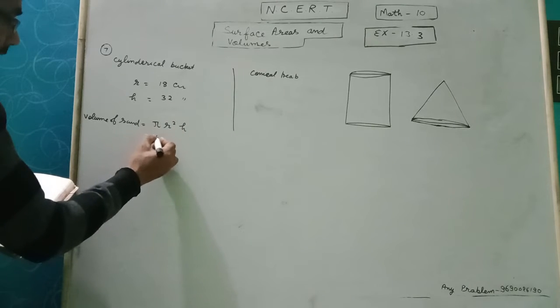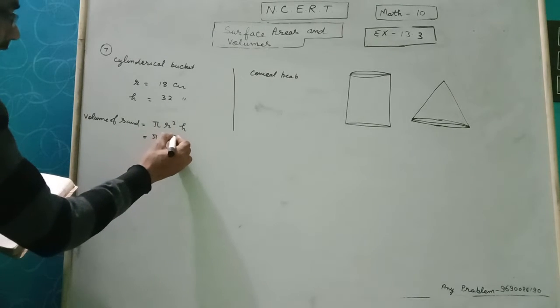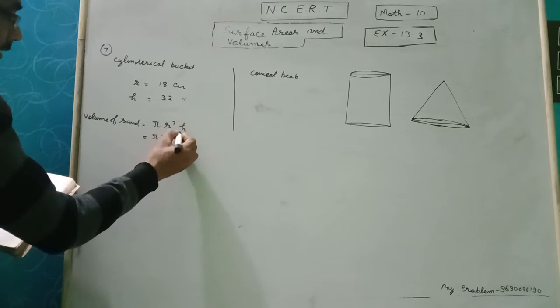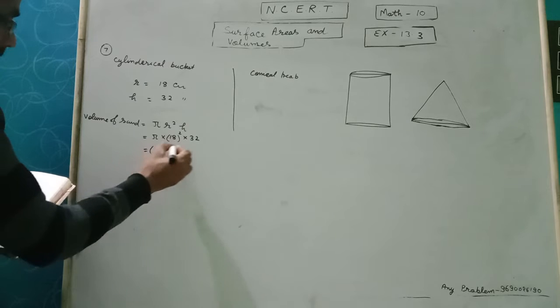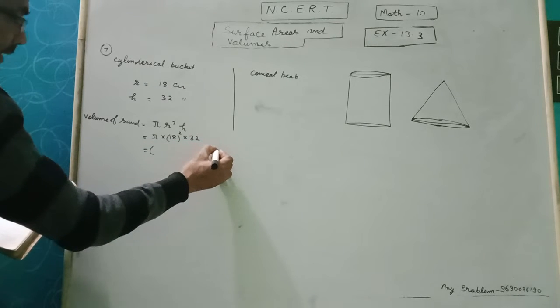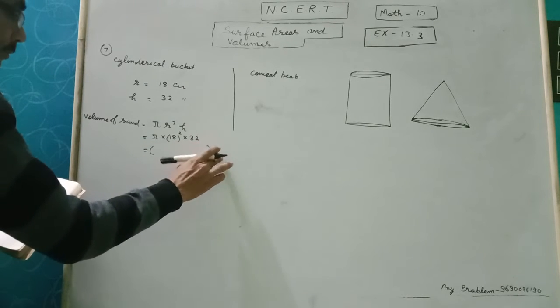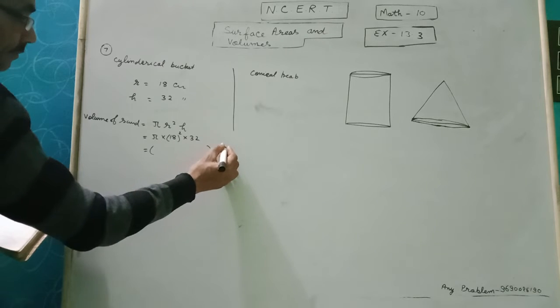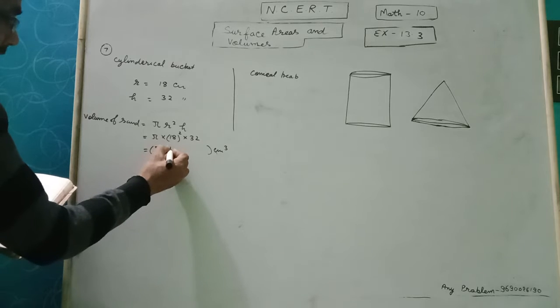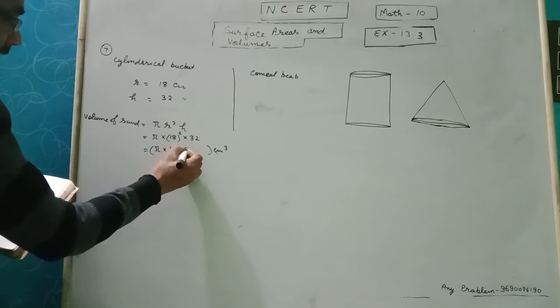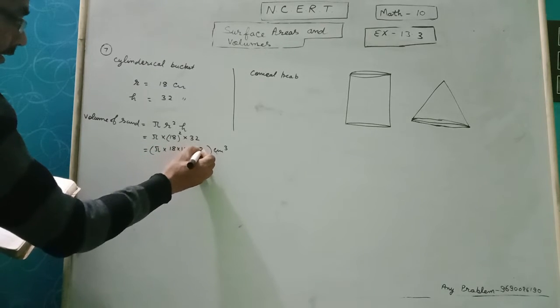Pi is pi, r is 18, h value is 32. Cm cube is the volume of the sand: pi into 18 into 18 into 32.